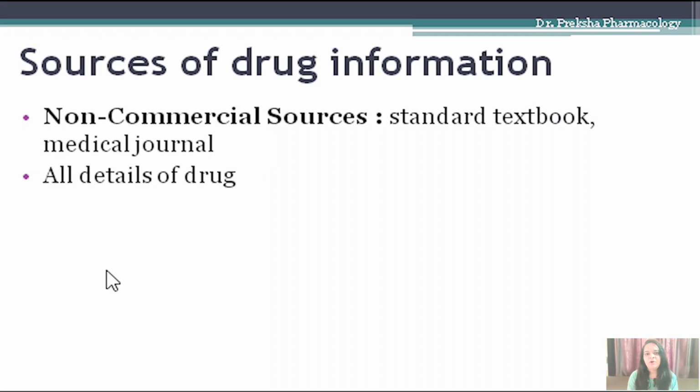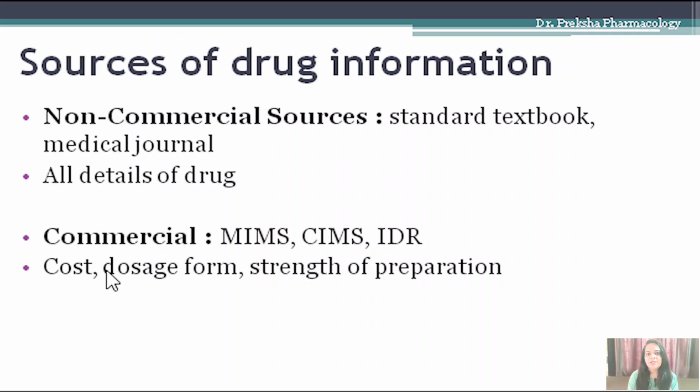All this information is accurate, scientific and authentic in the non-commercial sources, while the commercial sources, which we have already seen, like MIMS, CIMS or IDR, are preferred for finding out the cost of the drug therapy, or the dosage form and the strength of the preparations.